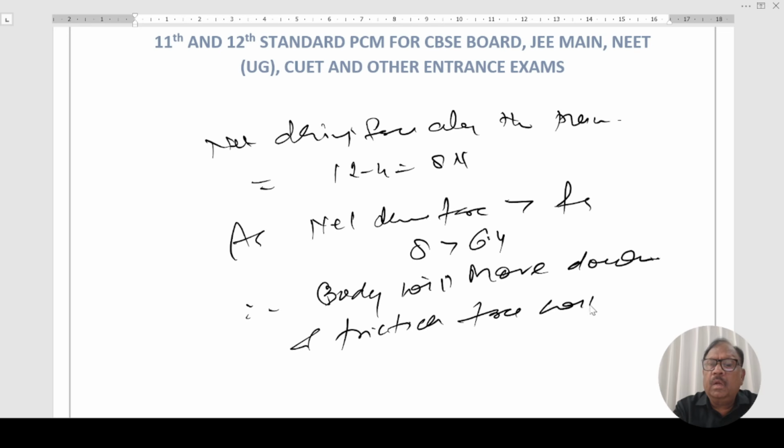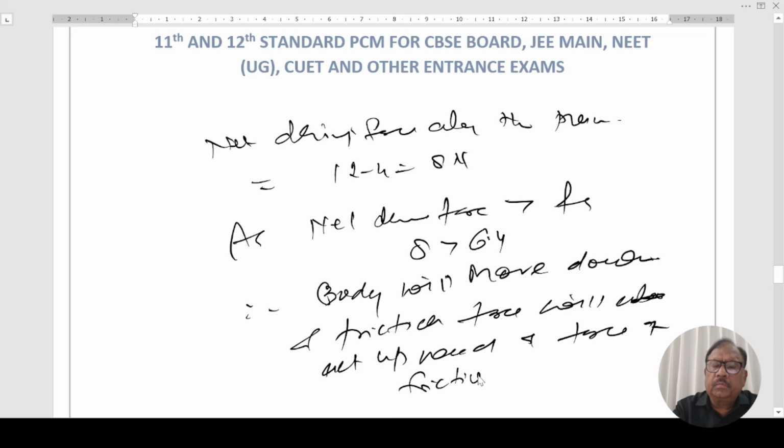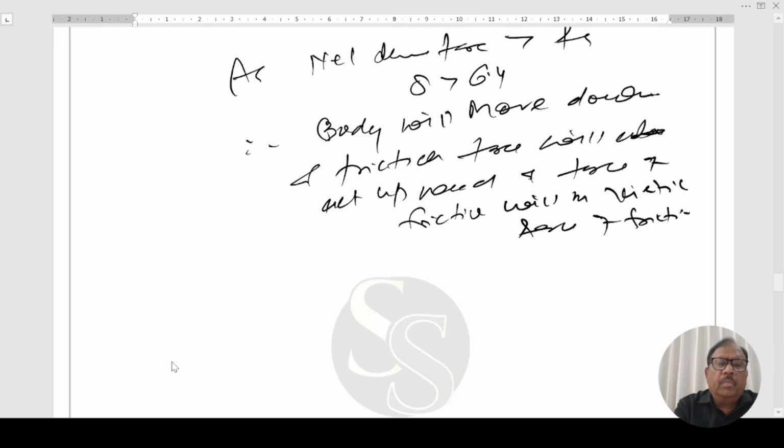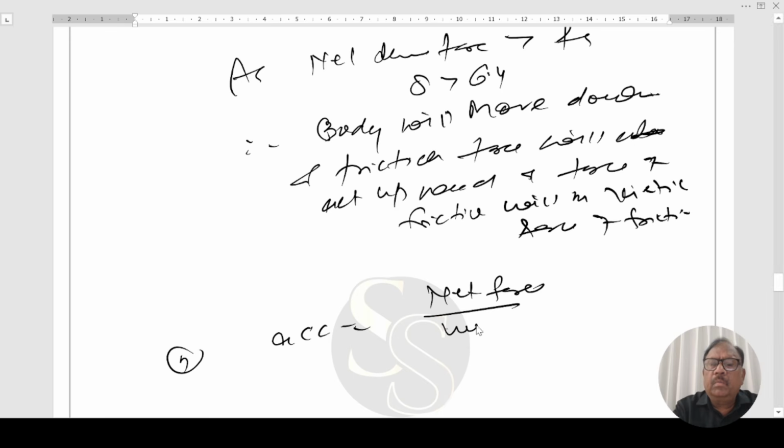The body will move, and the friction force will act upward, and the force of friction will be the kinetic force of friction. Therefore, acceleration a is equal to net force divided by the mass.